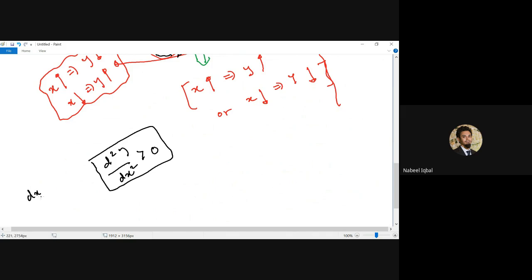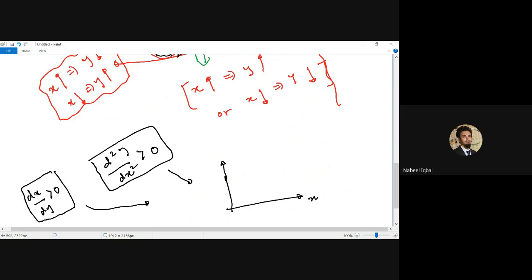So remember, the first derivative, if this is positive, right, so this tells us we have a positive relationship, right? So if x increases, y is going to increase. We are going to have an upward sloping graph. But what about this second derivative? What additional information is it giving us?